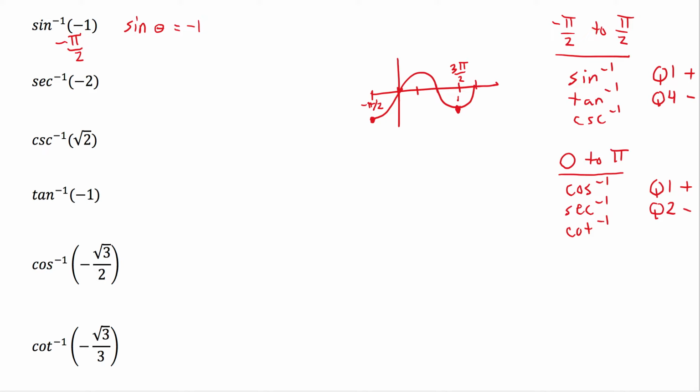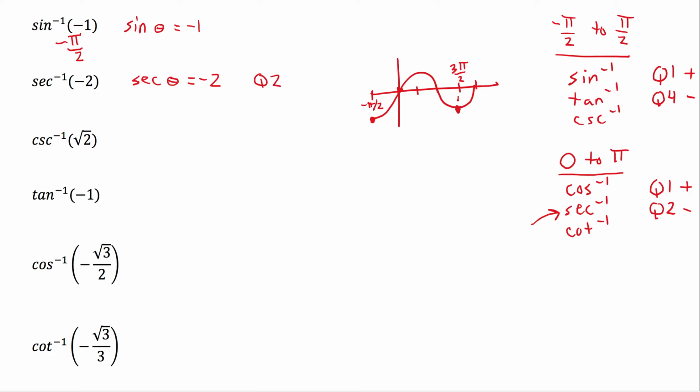All right, so let's move on to the next one, secant inverse of negative 2. All right, so I need to find an angle where secant is equal to negative 2. That angle needs to be in either quadrant 1 or 2, but because it's negative, it needs to be in quadrant 2.